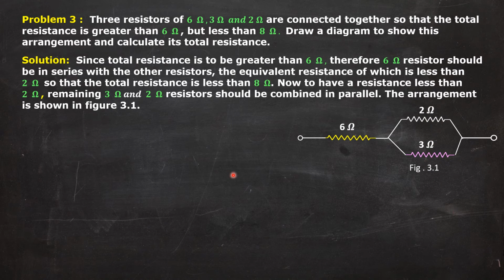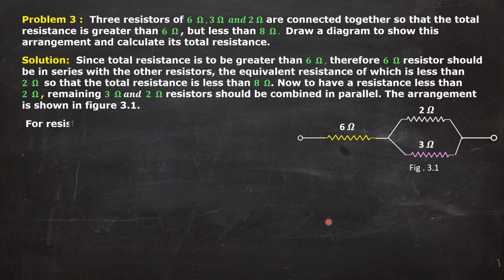See here. So let us calculate the effective resistance of these 3 resistors. These two are connected in parallel. Parallel connection means product by sum, 2 into 3 by 2 plus 3.